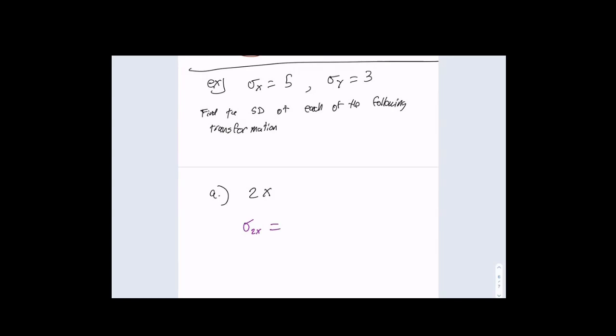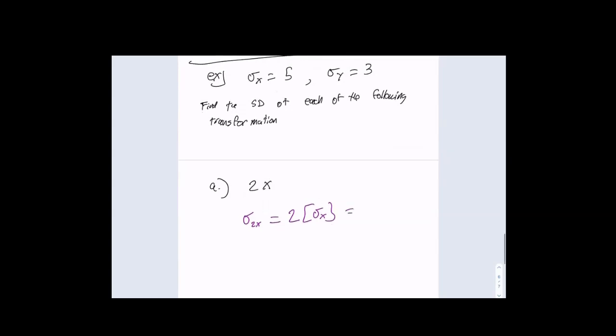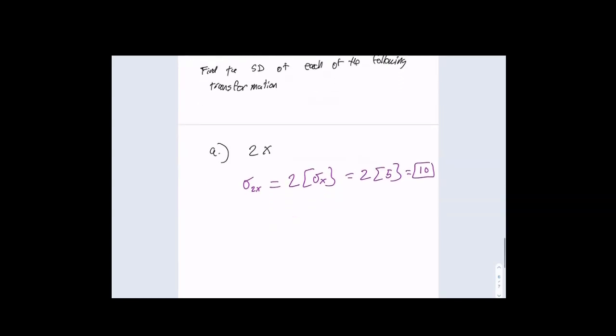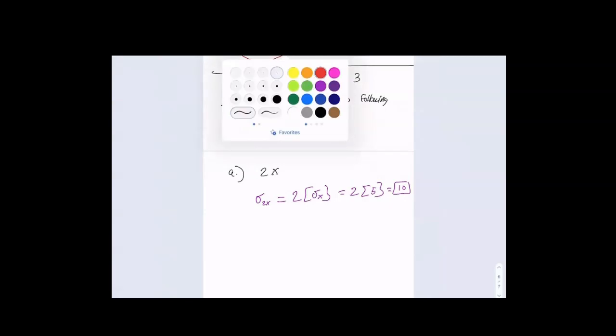So the standard deviation of 2x is equal to 2 times the standard deviation of x. And maybe you guys had this in your head already. This is 2 times 5, which gives me 10. And that's my answer. Nothing really special about that question.